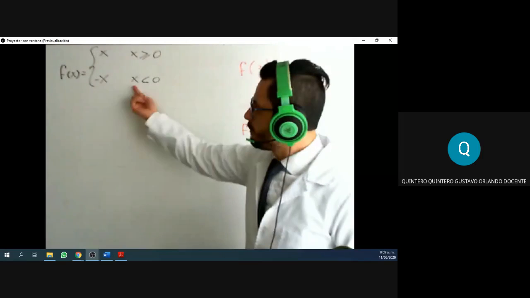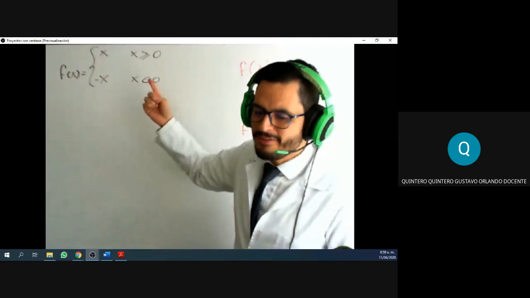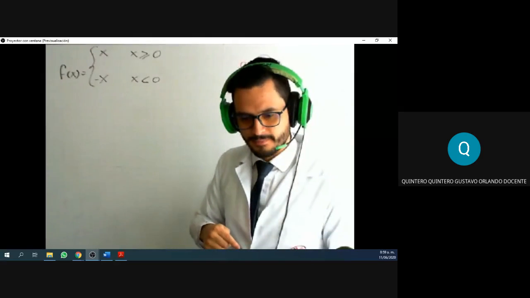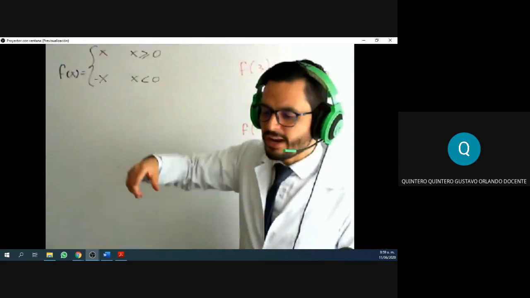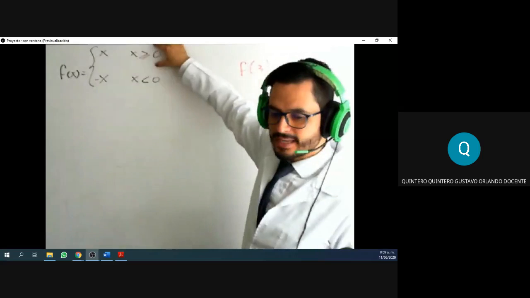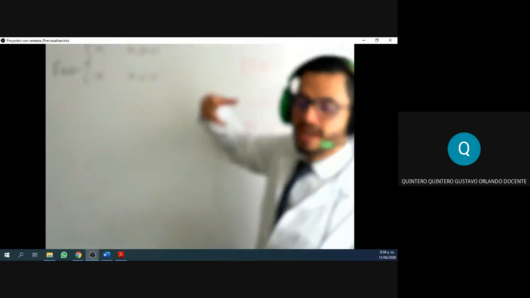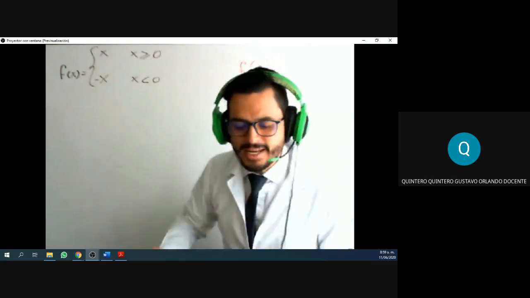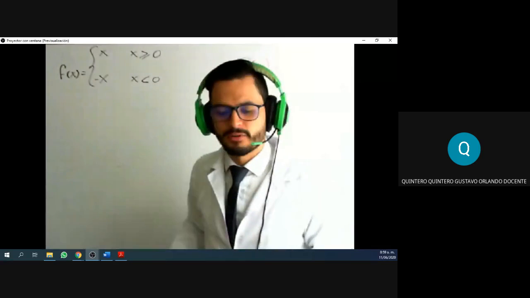What about the second part? The second part says that if the number is lower than 0, so now we're talking about every single negative number, right? If the number is positive, we accept it because of the first part. If the number is negative, we accept it because of this part. Meaning the domain is every single number that we have.